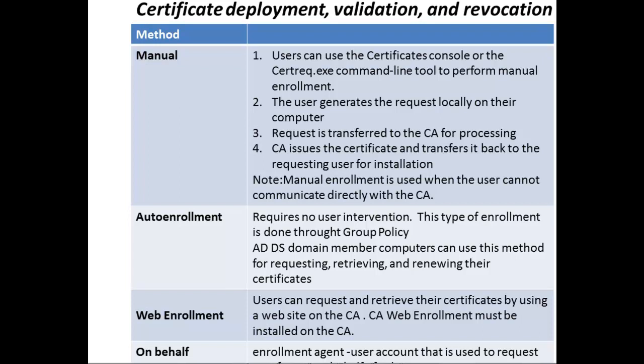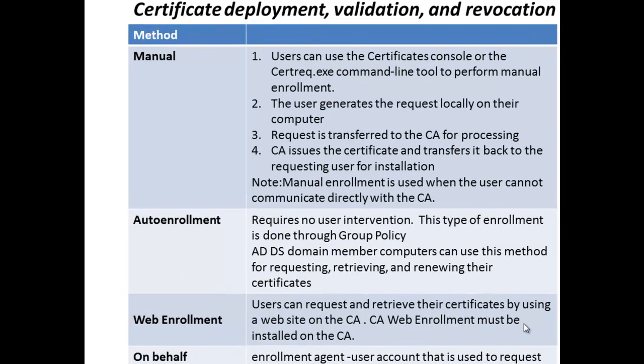The certificate authority in turn issues the certificate and transfers it back to the requesting user for installation. You're only going to be using manual enrollment when you cannot communicate directly with the certificate authority.